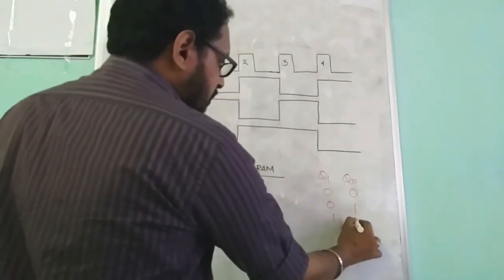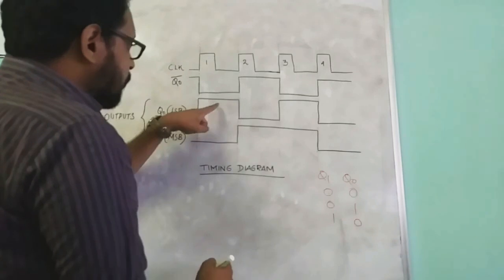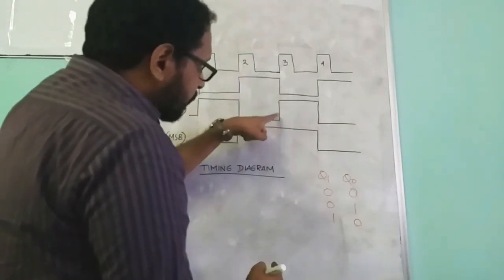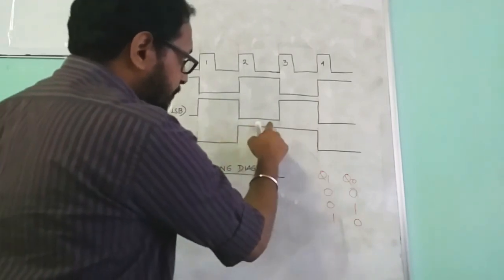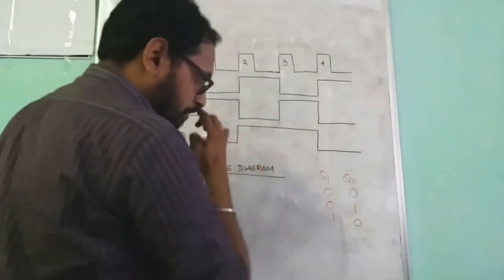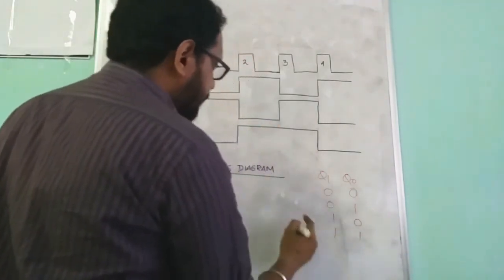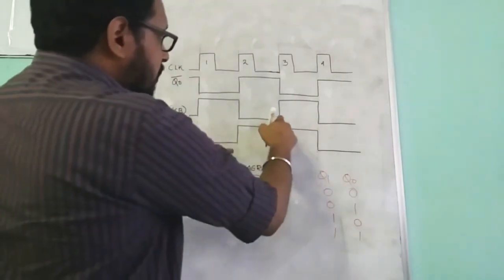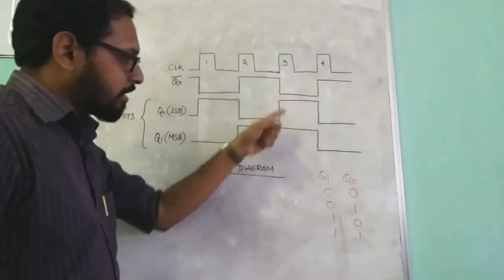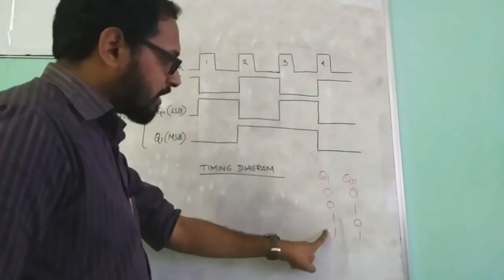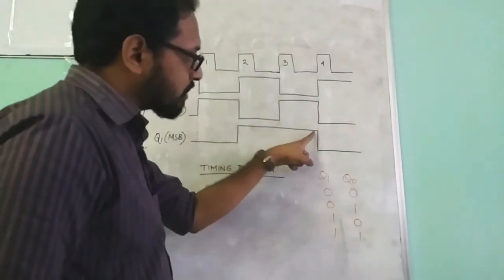Next case, Q0 goes low, but Q1 is high. Next is 1 1, which means Q0 becomes 1 again, high again, but Q1 is maintained as 1, so it continues as 1 itself.